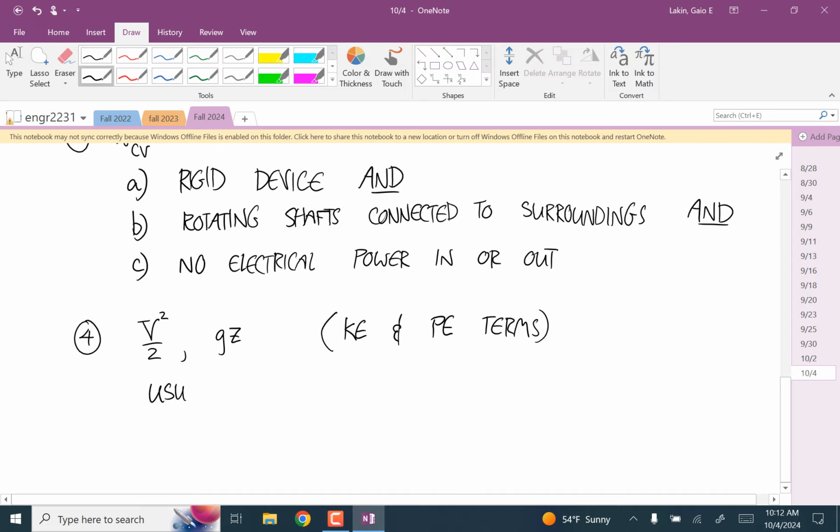These, in most cases, have small change compared to the other terms. No, I'm sorry, this is wrong. I'm thinking of the wrong ones. What we're talking about is in the dE/dt for the control volume.